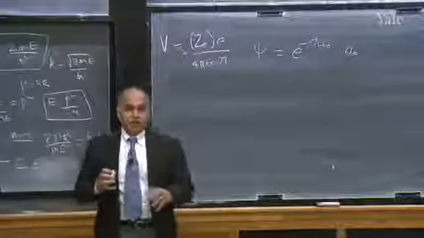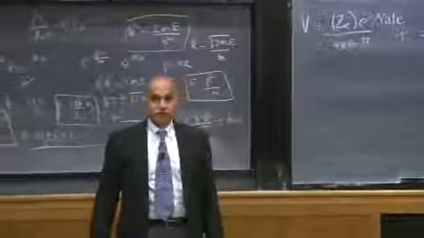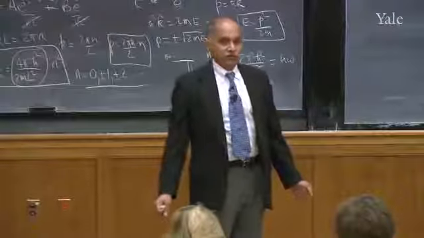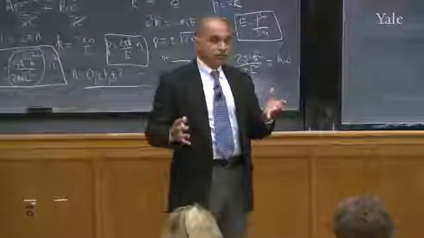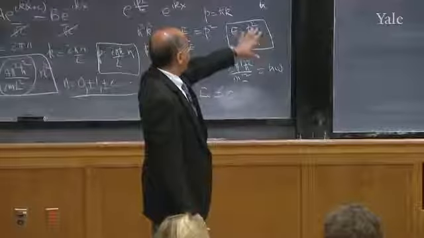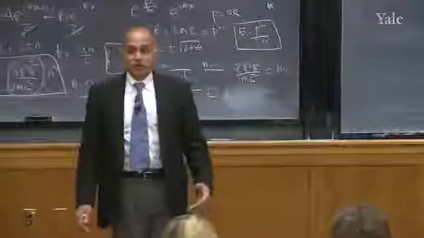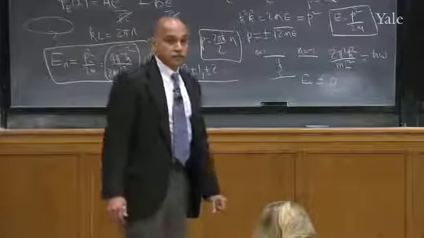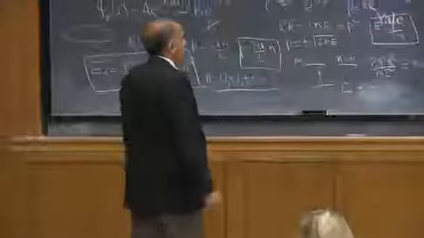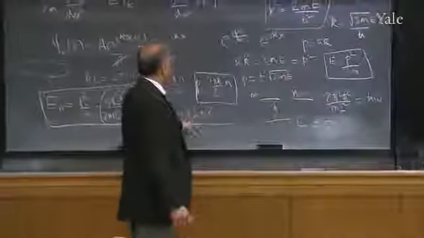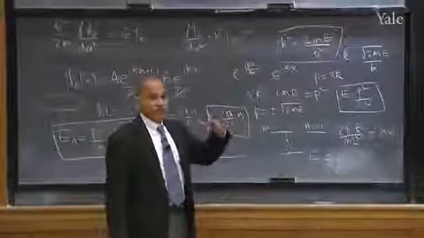You can make a length out of those things, and that's what will come out. If you want, you can take any textbook that gives you the formula for hydrogen's Bohr radius, that's supposedly the radius of the orbit, and you will find it's the length a0 made out of the parameters in the problem, which is the charge of the nucleus, charge of the electron, the mass of the electron.